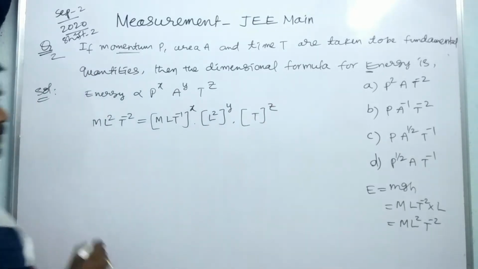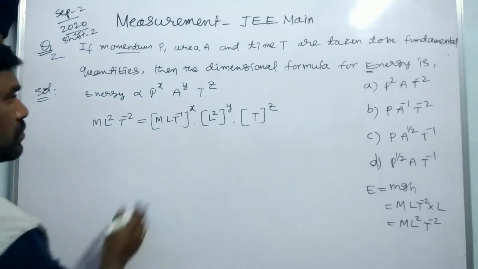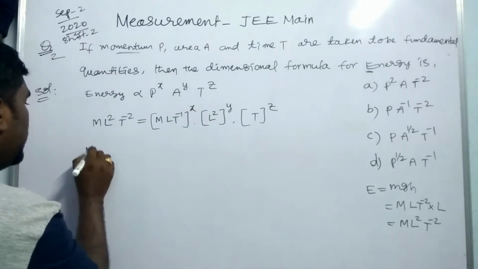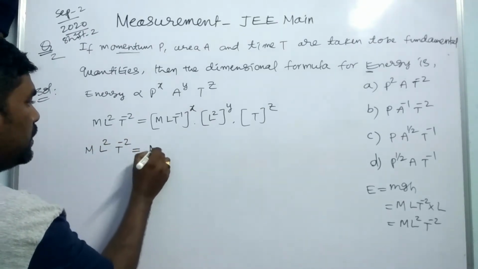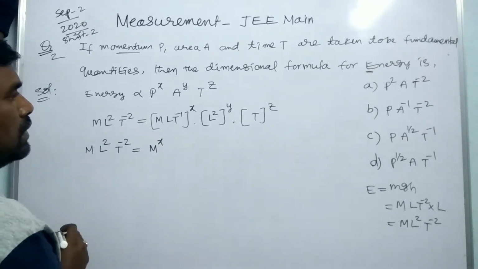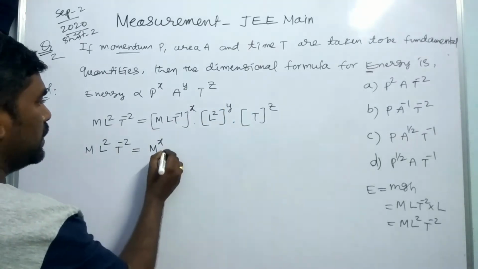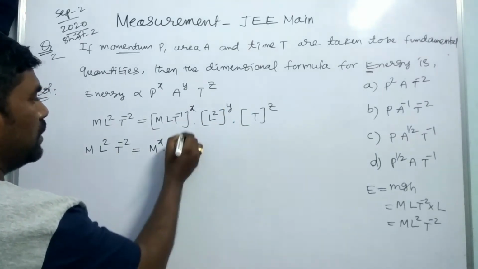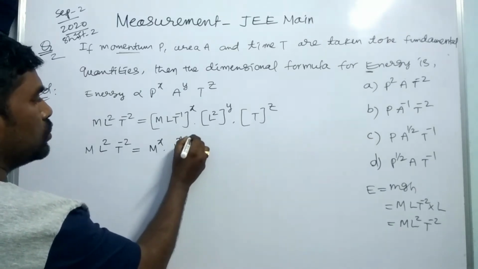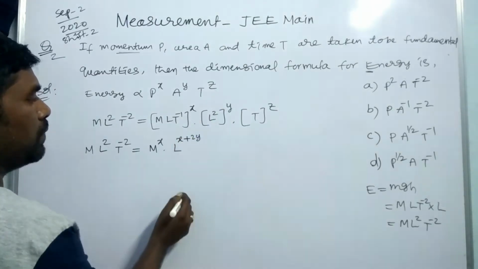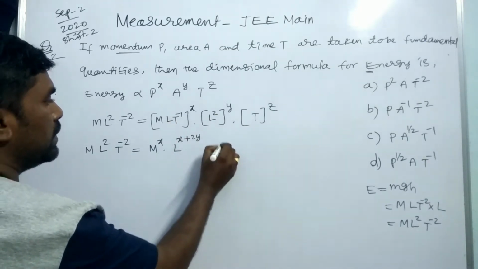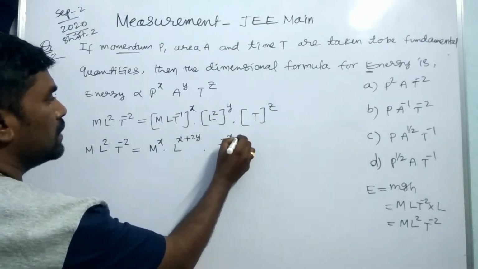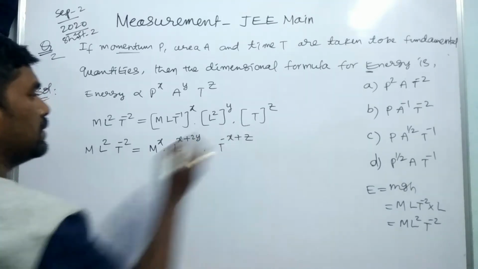Okay, clear. Now let us see. So m L2 t minus 2 is equal to m power x. All the x terms are cleared here. L to the power x plus 2y, so bases are equal, powers should be added. And then t power minus x plus z.